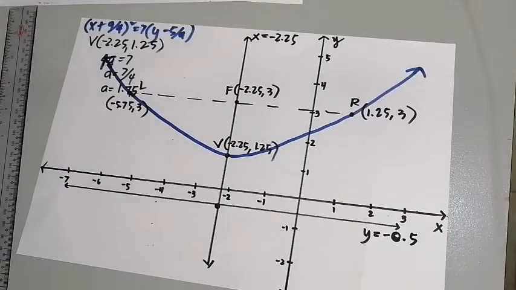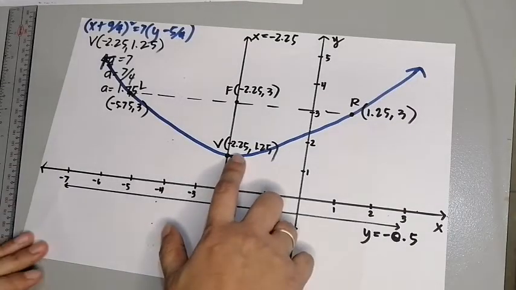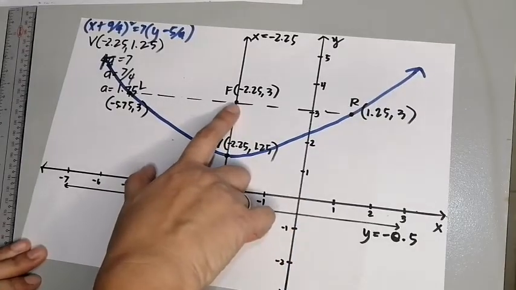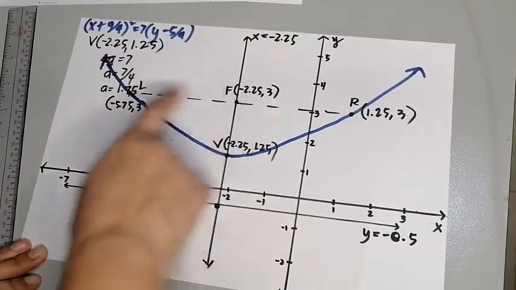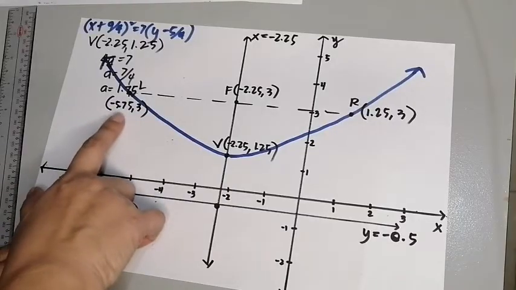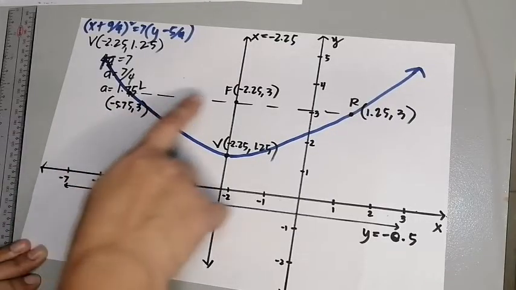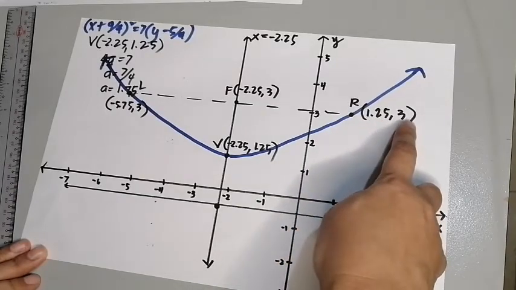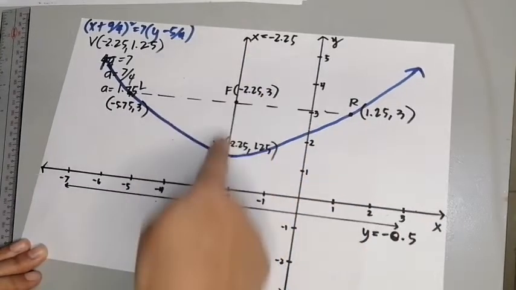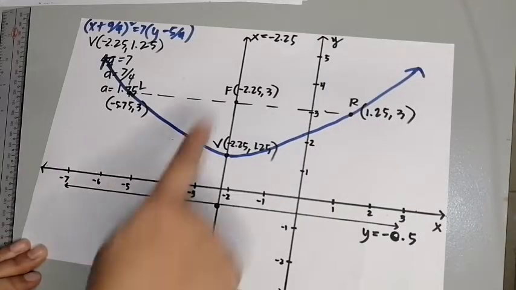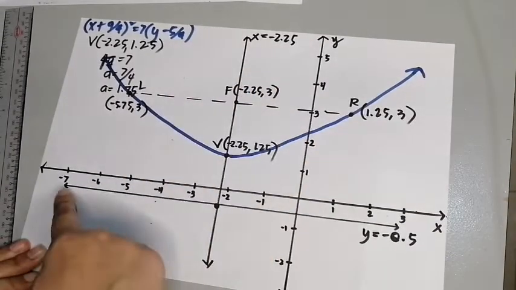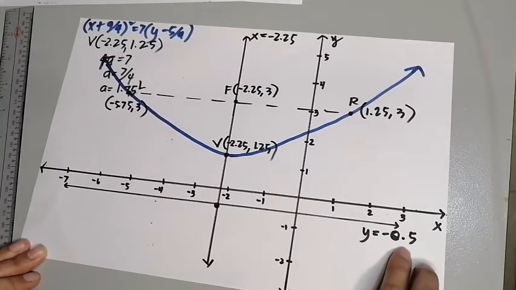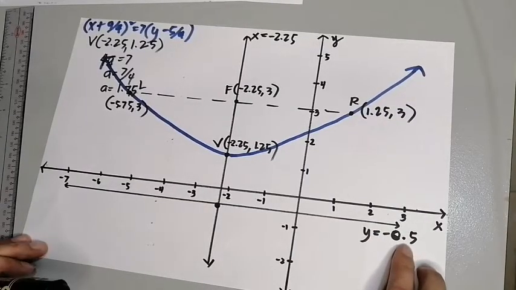Okay, so again we have the vertex at negative 2.25, 1.25. The focus is at negative 2.25, 3. The ends of LR are at negative 5.75, 3 and 1.25, 3. The axis is x equals negative 2.25 and the directrix is y equals negative 0.5.